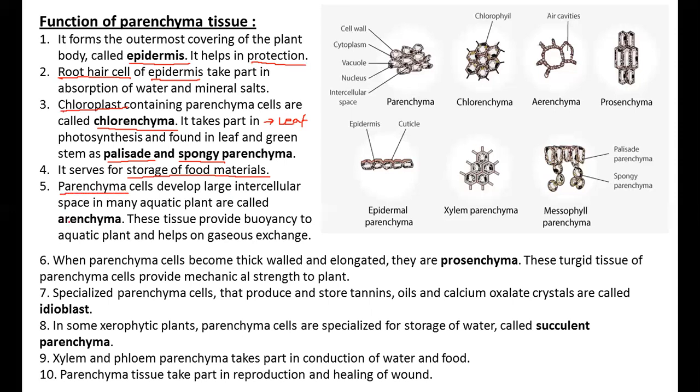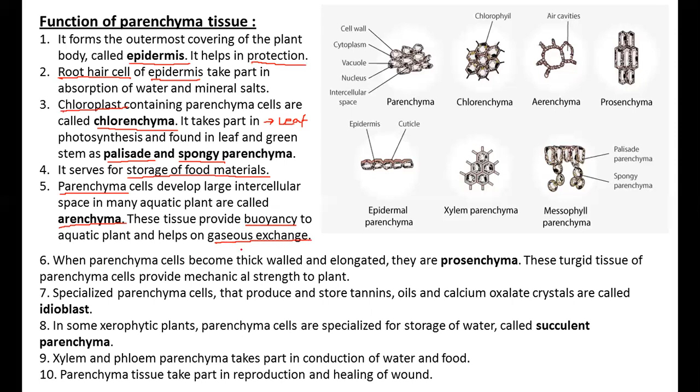This type of parenchyma, which can hold air in large intercellular space, is called aerenchyma. And aerenchyma provides the plant the buoyancy, so that aquatic plants can float on the water. This large intercellular space or the air present in parenchyma also helps in gaseous exchange. So parenchyma has two basic functions: one is it provides buoyancy to the plant, and the second is it also helps in gaseous exchange.